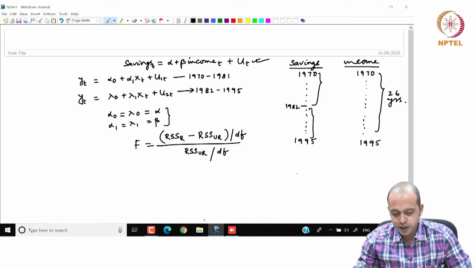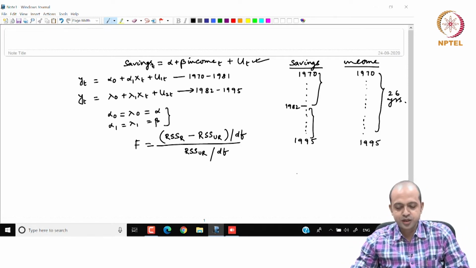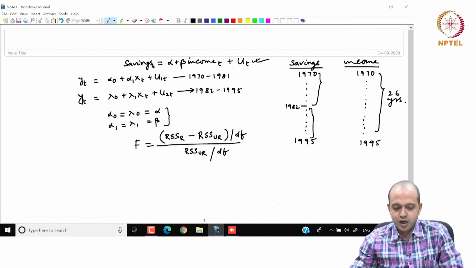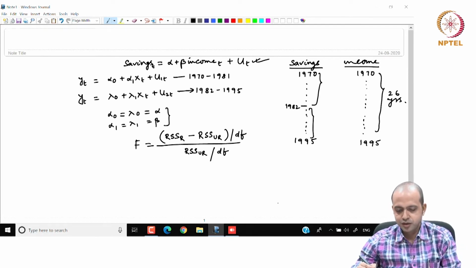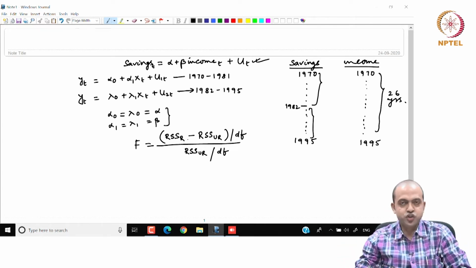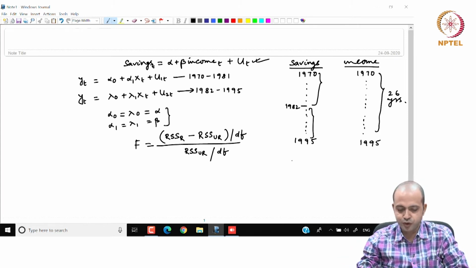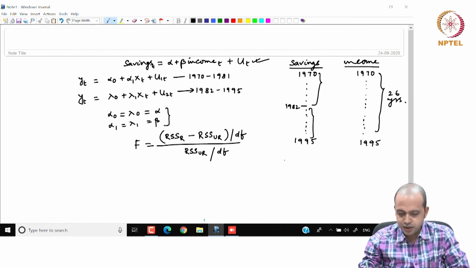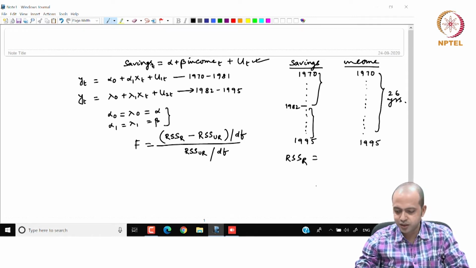The numerator has RSS restricted minus RSS unrestricted, and for the restricted RSS, for the entire model I am running a single regression, so the degrees of freedom is n minus k.